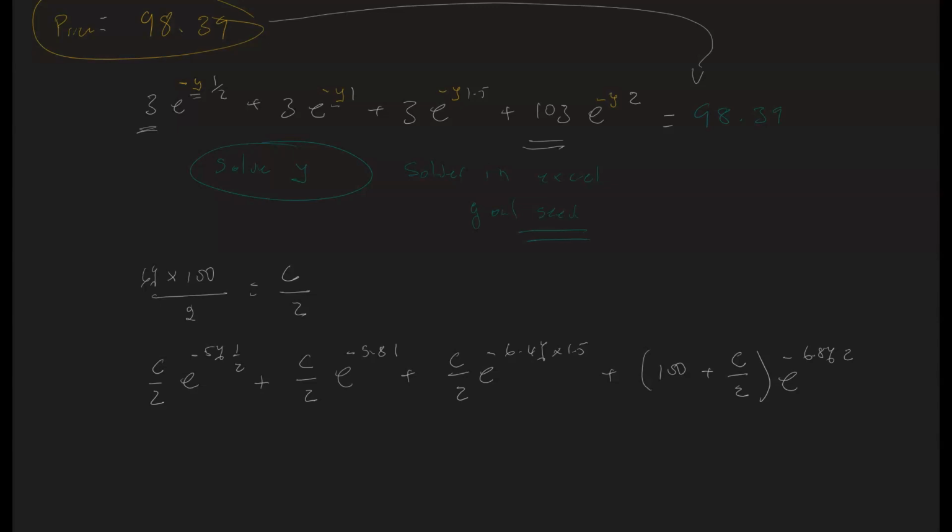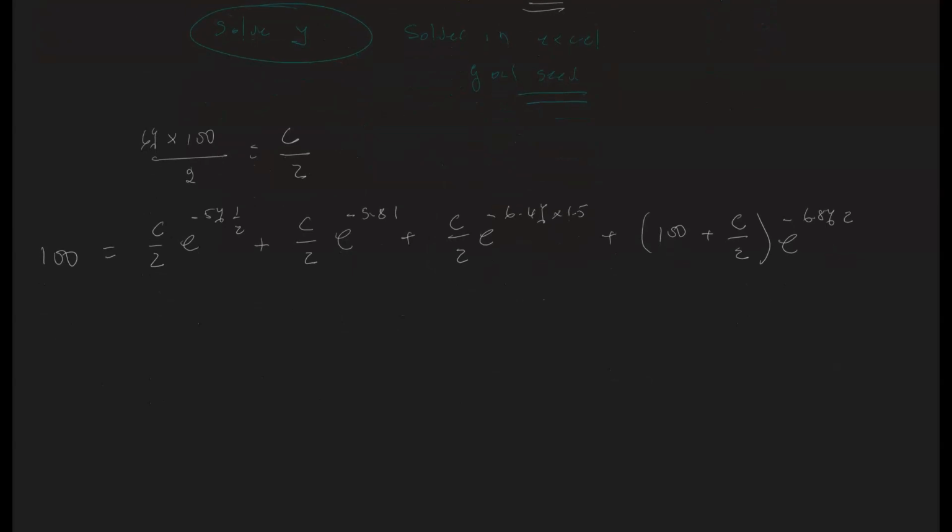We want this cash flow to be equal to the par value of the bond, which is 100. So when we set that up equal to this, what we're going to have is the following.